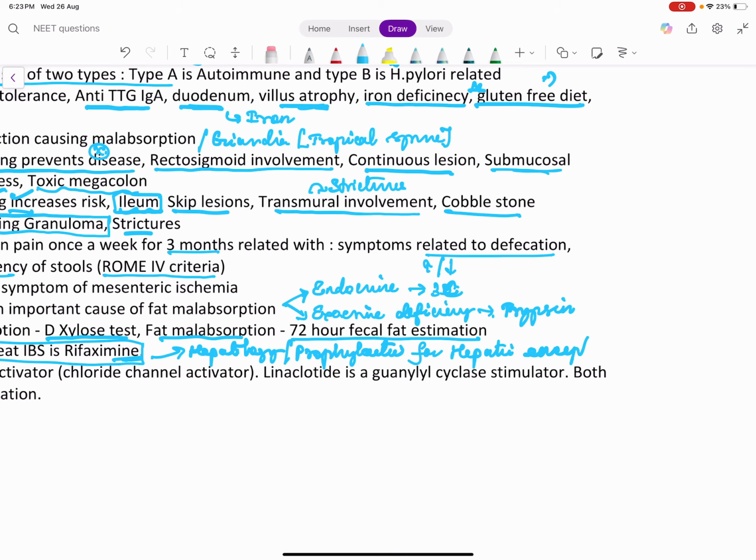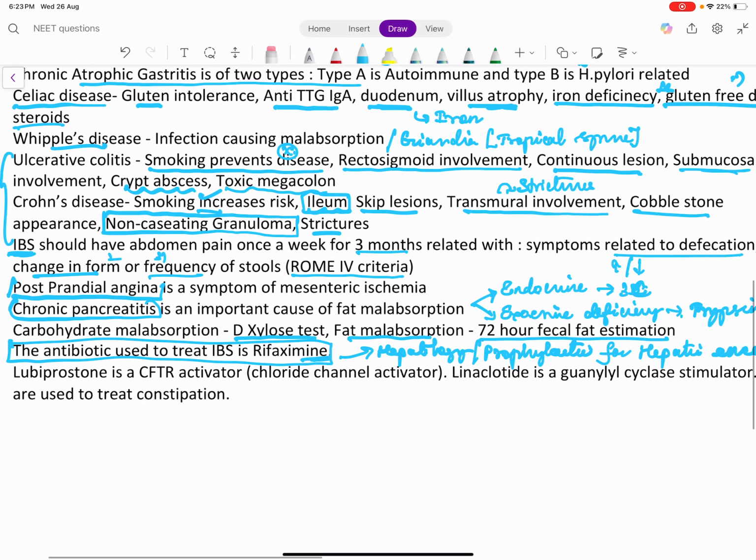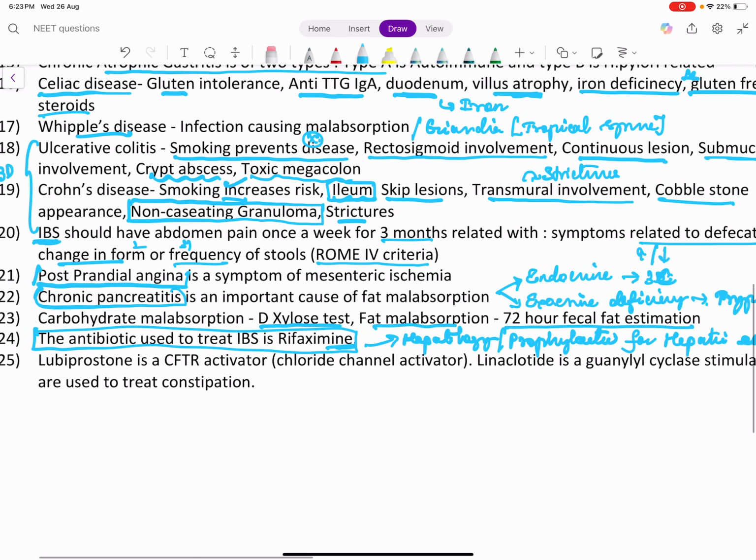When taken, it destroys the gut bacteria. So when gut bacteria are destroyed, those bacteria cannot convert the stool proteins into ammonia. So ammonia production is less. That is why it prevents hepatic encephalopathy. But now it is also used especially to treat the diarrhea variant.